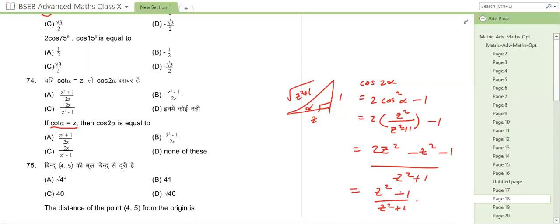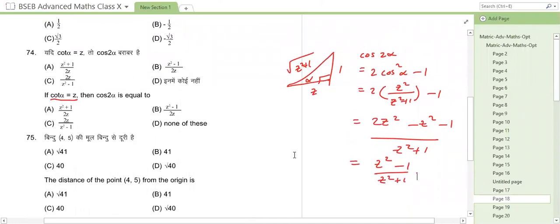Looking at cos 2 alpha again, okay, so the solutions do not match up. Let's try it again. cos 2 alpha is 2 cos squared alpha minus 1. That is correct. So what we're doing here is squaring this adjacent over hypotenuse, all squared. So z squared over z squared plus 1, minus 1.